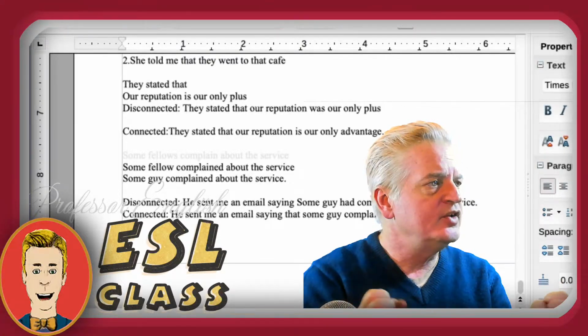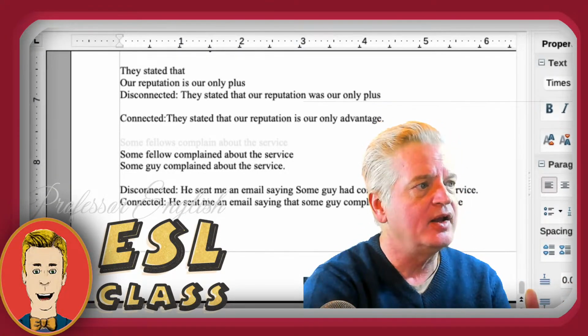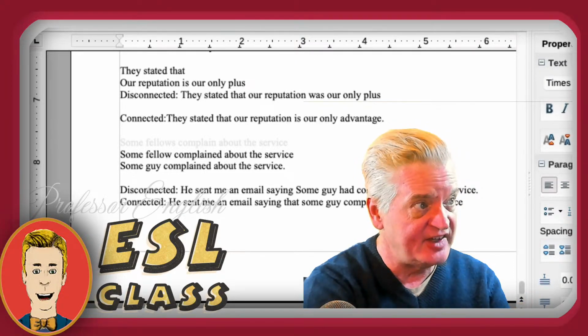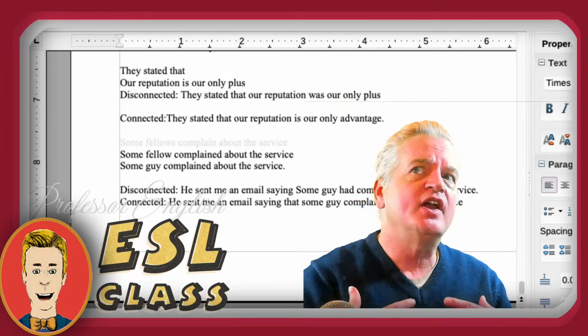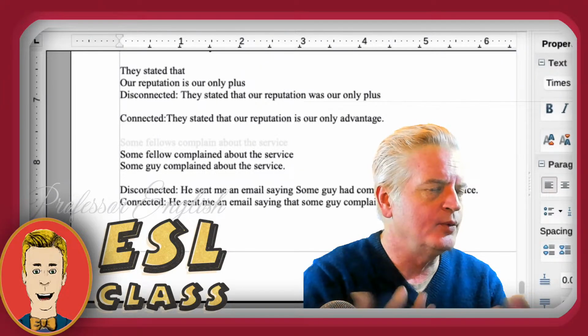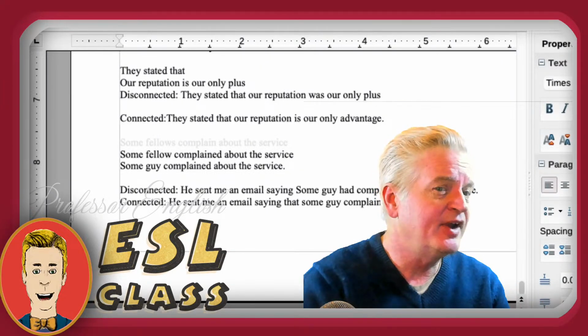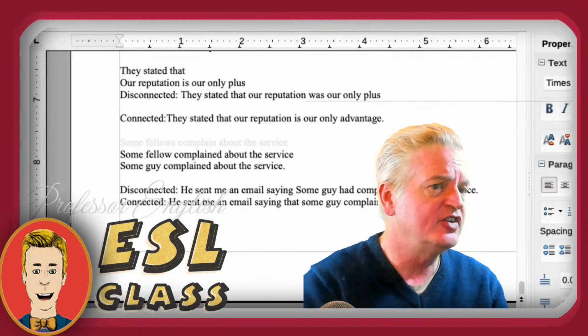So when you say he sent me an email saying that some guy complained about the service without changing it, it sounds like we're still in the moment. We're still experiencing it. We still have a connection to it. An emotional connection, a time connection, a space connection.